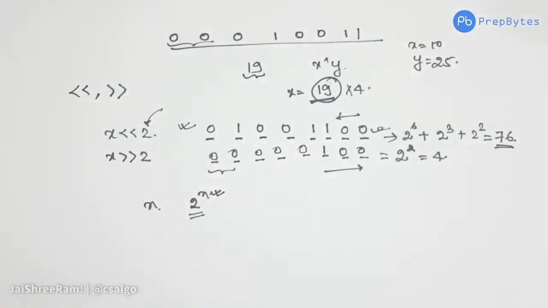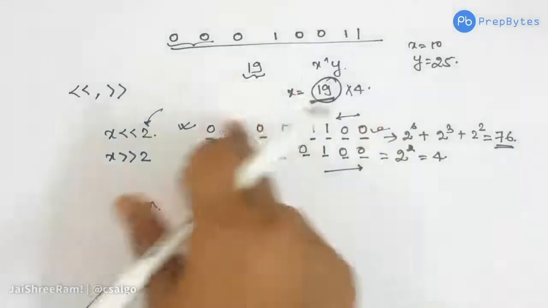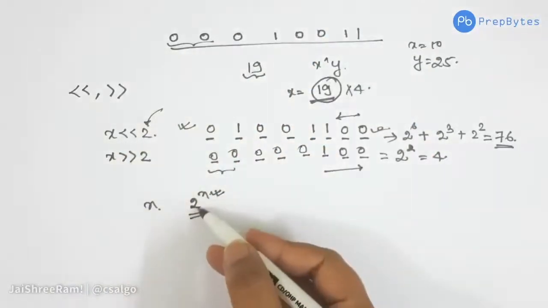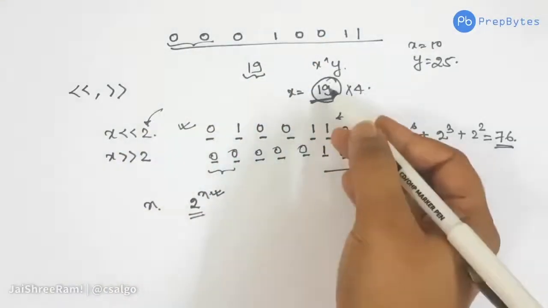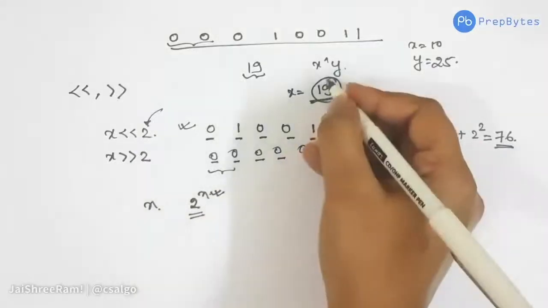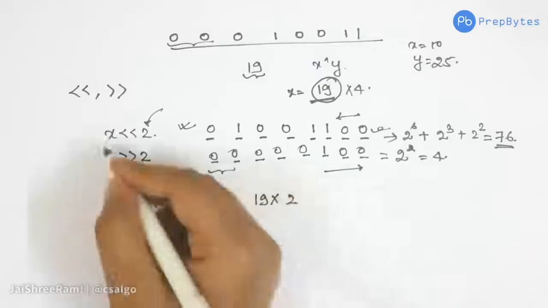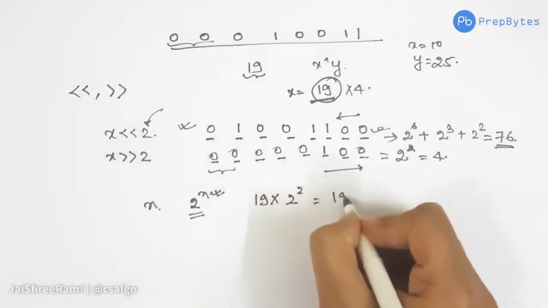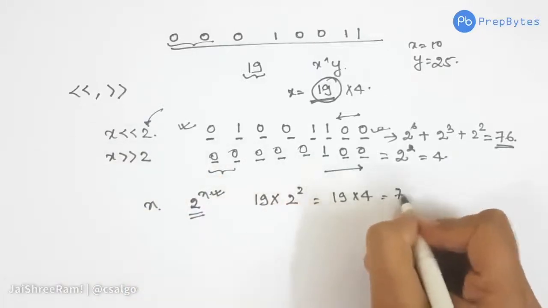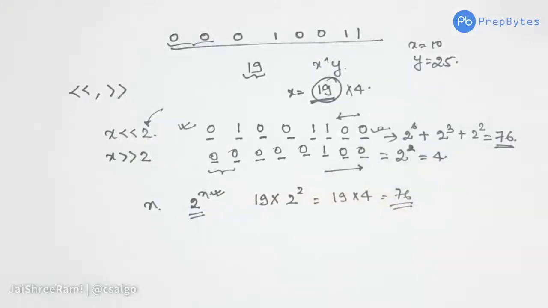So next time whenever you get this left shift question, you don't have to do this whole thing. You can simply multiply the number with 2 to the power n. In our case, our number was 19 and our n was 2, so it was 19 into 4, which is 76. So that was about left shift and right shift.